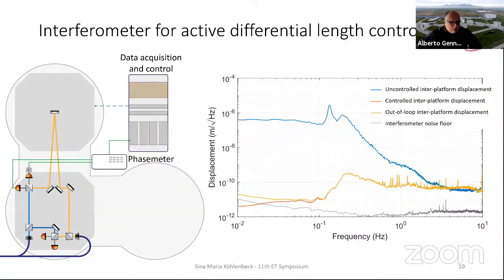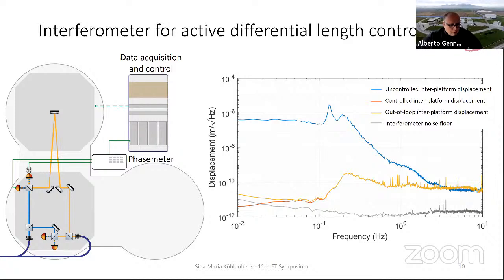But at the end, this was never used because it was not relevant. We have a lot of dynamic range, and so we do not need for Virgo that kind of implementation. But at least it was studied and was taken up to a really advanced point.